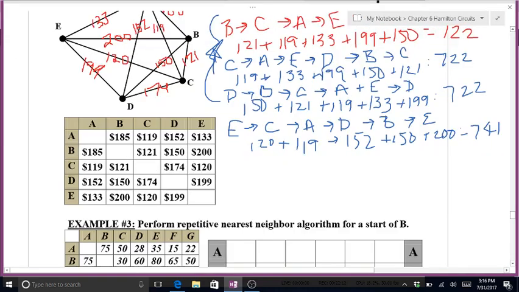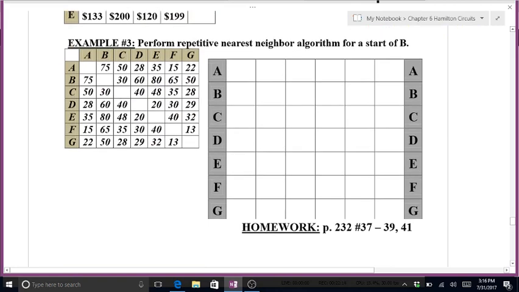We've got one more example to do, and our lesson's over. Perform the repetitive nearest neighbor algorithm for a start of B. This time they give us, oh, I did not mean to leave that graph up there.